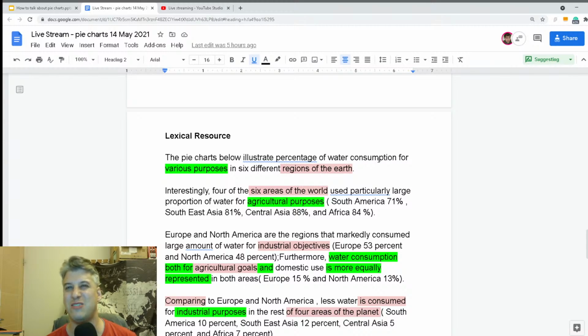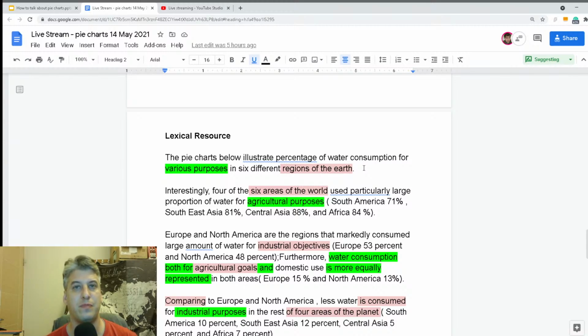Grammatically, it's not wrong, regions of the earth. It's not a grammatical error, but I don't like it that much. I just think it's a fairly basic phrase. So instead of the earth, I might say regions of the globe. I think globe might be a better phrase here.